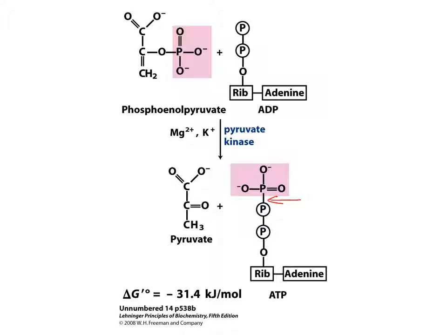That's why we have a remaining delta G prime 0 of 31.4.